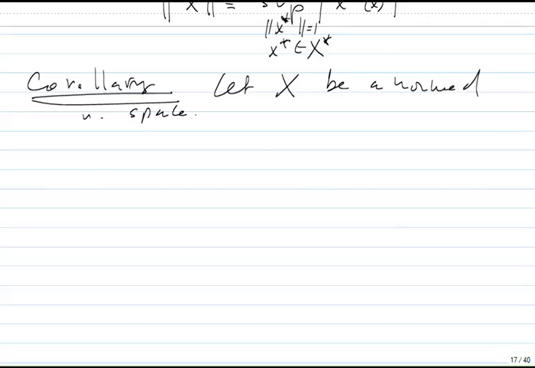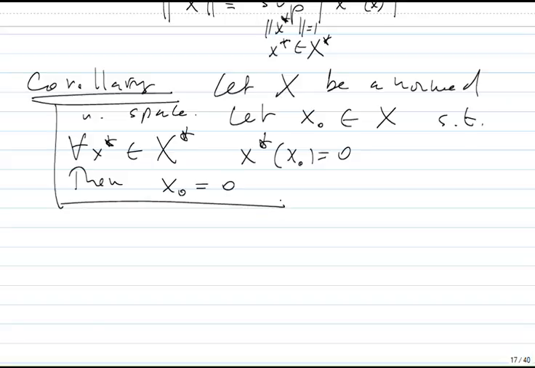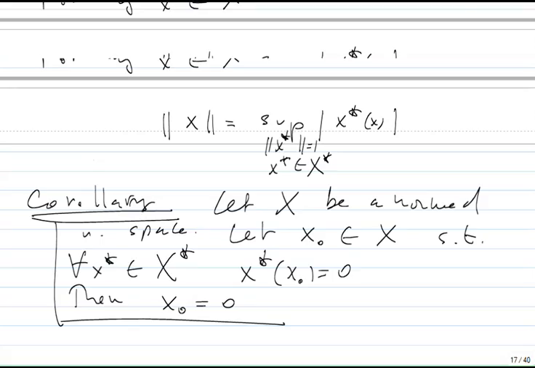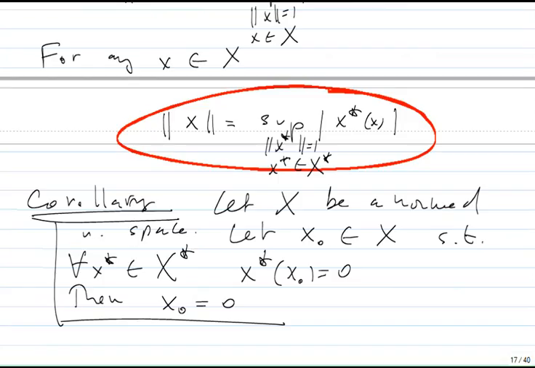Let x0 be a vector such that for any x star in the dual space, we have x star of x0 equals 0, then x0 is equal to 0. Of course, if you look at what we wrote right here, this corollary is obvious, because if x star of x0 are all equal to 0, then we get the norm of x0 equal to 0, therefore x0 equal to 0.